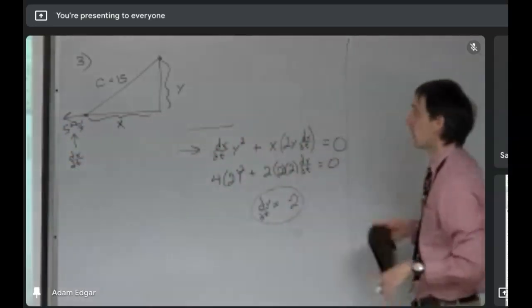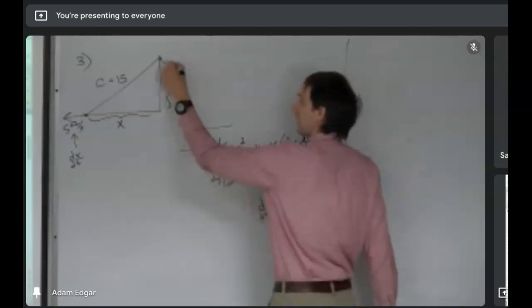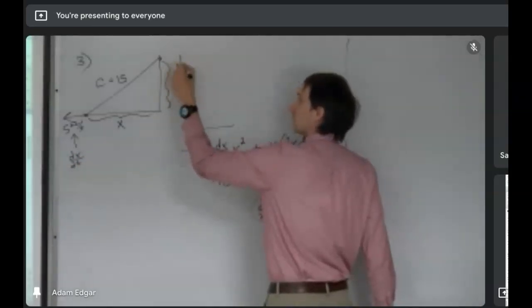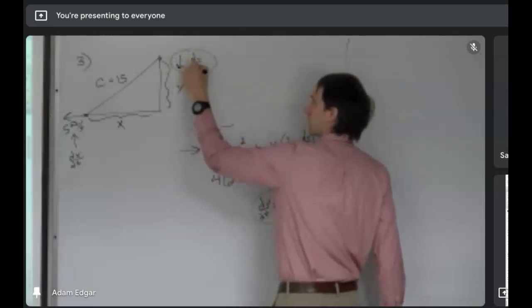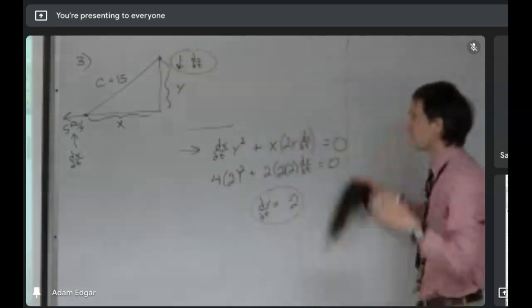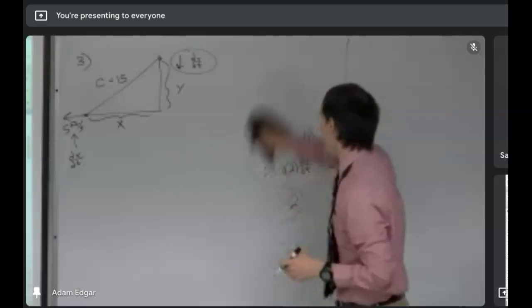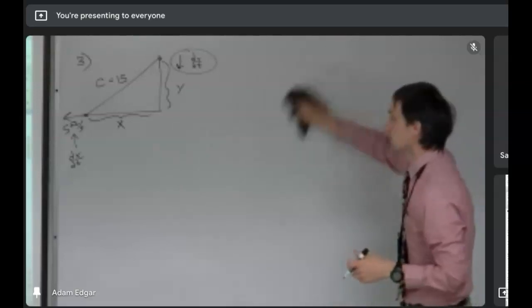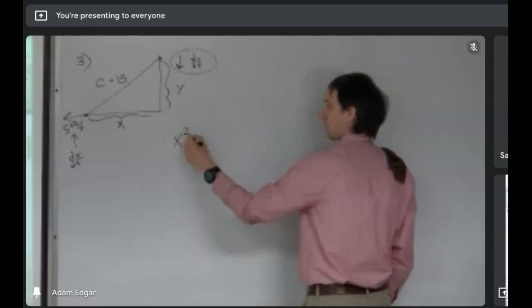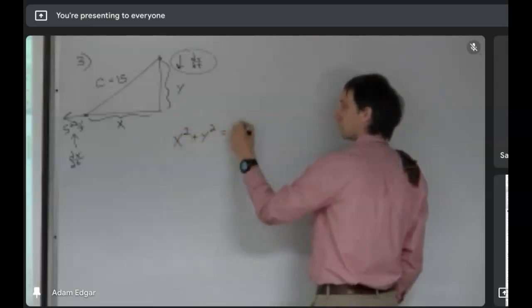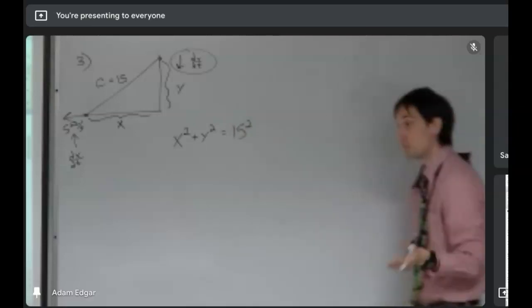And the goal is to find out how fast this is falling, right? So what do you want to call that? dy dt. So the goal is to find out what's dy dt. So what formula are we using here? Pythagorean theorem, so you have x squared plus y squared equals c squared. I'm just going to call it 15 because I know it's always 15.